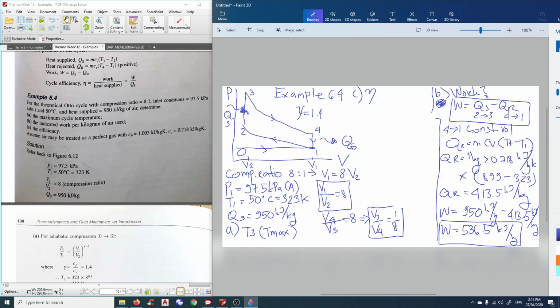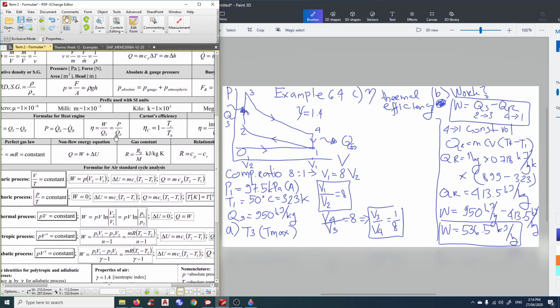Now the efficiency here is referring to thermal efficiency. Remember our early discussion, we have two types of efficiency. One is thermal efficiency, the other one is maximum overall efficiency. Question C doesn't state anything, so we're going to assume this is our thermal efficiency, not the maximum theoretical efficiency.